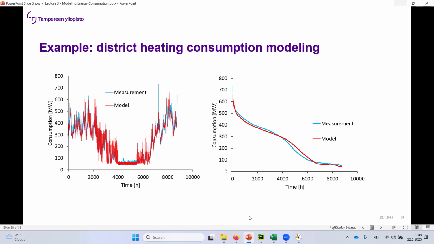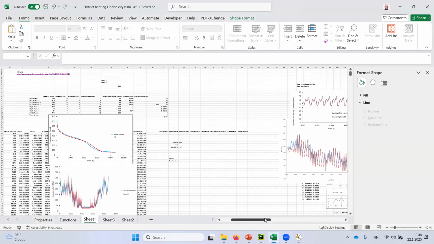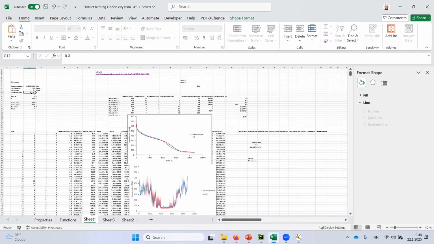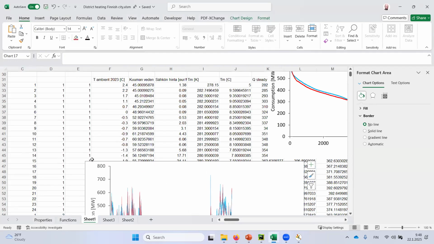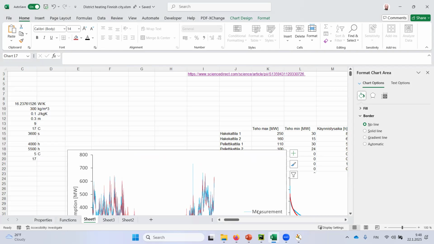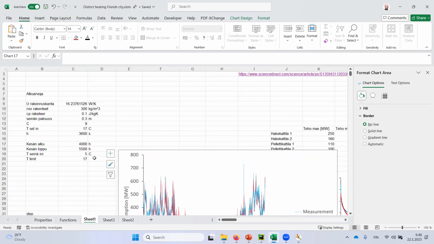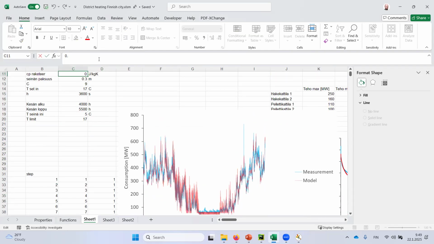How they went past this and beyond in the article, and what I also tried, and that was actually doable in Excel, is that they accounted for the thermal inertia of the buildings. So if I increase heat capacity of the building structures in here, you can see that the variability shrinks a bit.